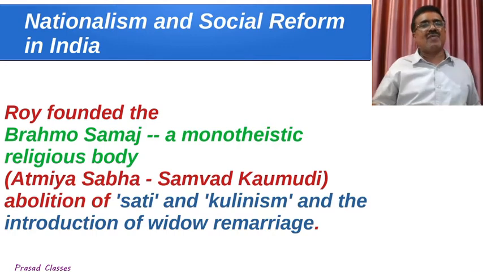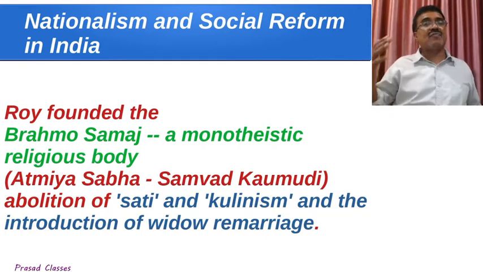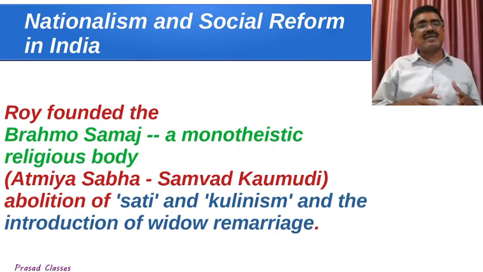A lot of other evil practices were followed under what we call Kulinism and Kuladharma, and Roy fought against that, and he fought for widow remarriage. You can see there were a large number of young widows, because young girls were married to aged men. That was a constant practice, and their husbands would die.